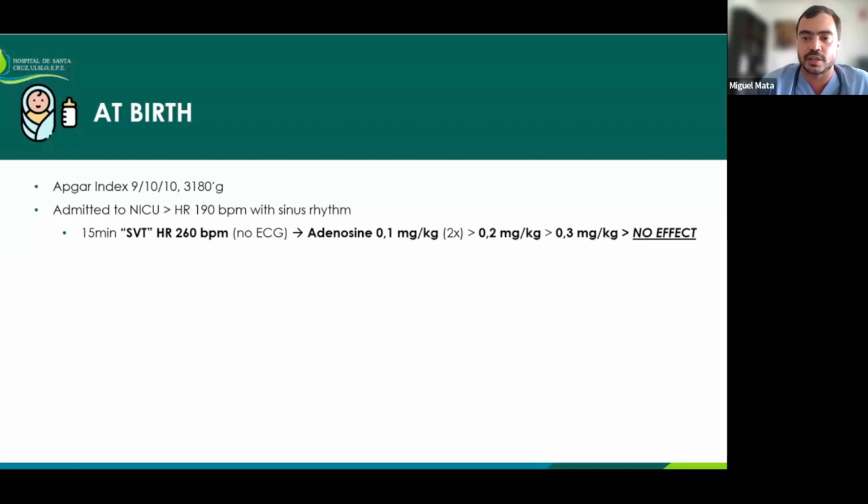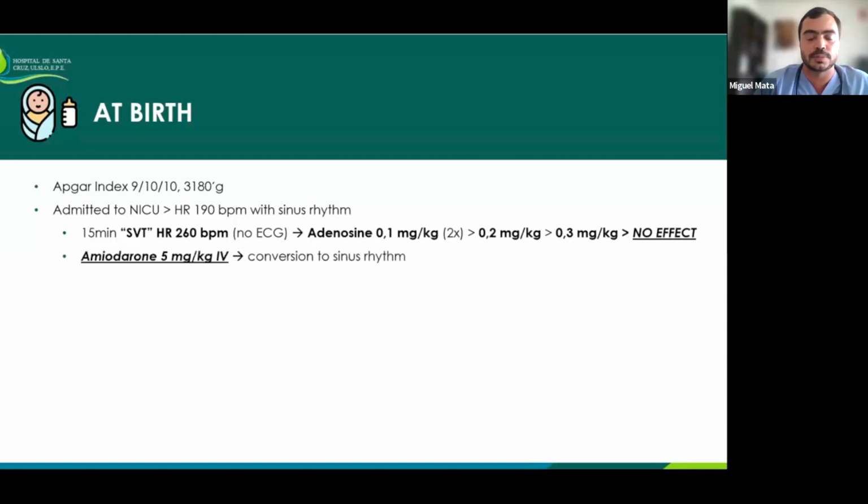It was during the night, and despite our efforts for neonatology to always perform ECGs during adenosine, there was no ECG performed, so we don't have documentation of the arrhythmia initially. 4 tries of IV adenosine were made, first with 100 micrograms per kilo and afterwards with 200 and 300, always with no effect whatsoever.